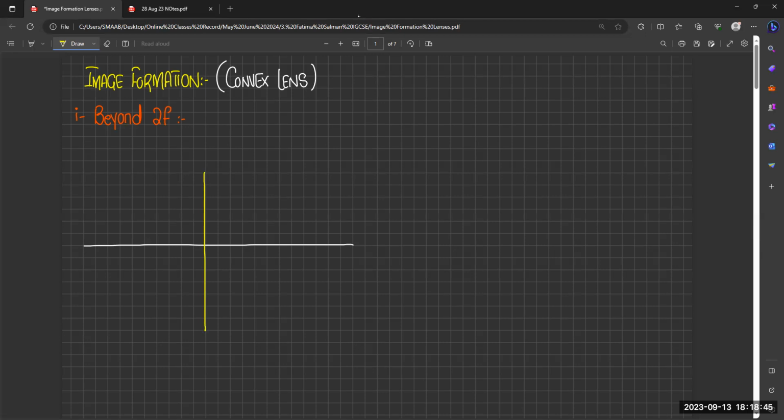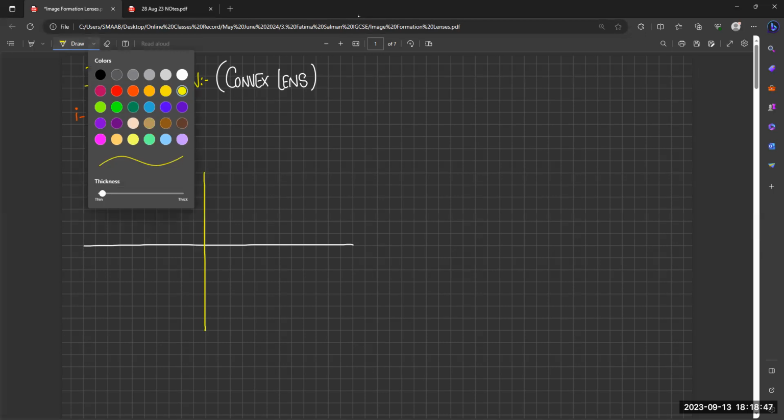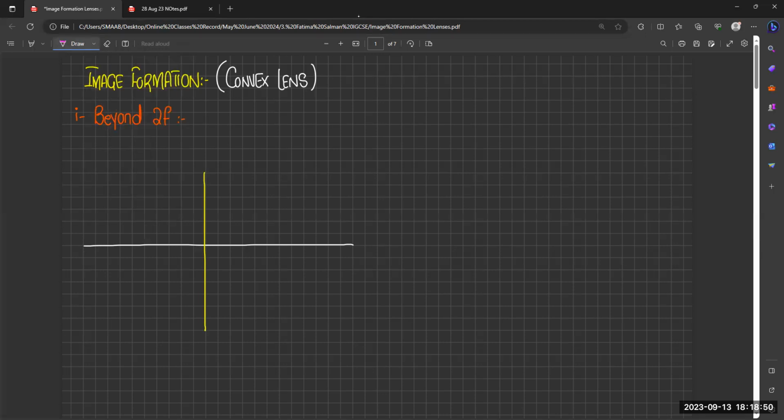So basically this is the lens, right? Now we have to mark principal focus on both sides, and you know that principal focus will be at the same distance. Like if we mark 1, 2, 3, 4. So let's suppose if this is f, so this will also be f, and 2f means to double the focal length, the distance that is doubled. So 1, 2, 3, 4. This will be 2f, 1, 2, 3, 4.